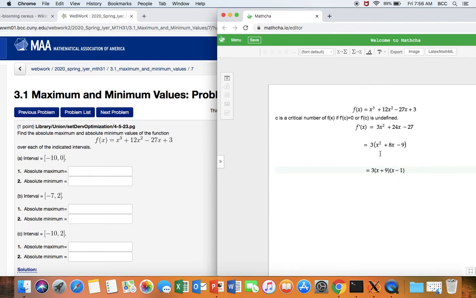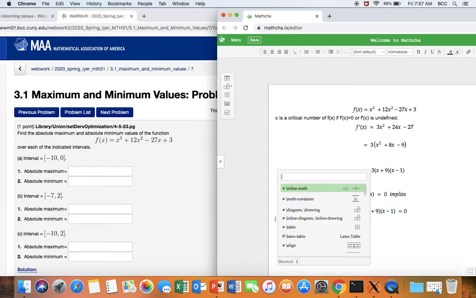Okay, so we want to see where the derivative is 0. So f prime of x equals 0 implies 3 times (x plus 9) times (x minus 1) equals 0, because that is what f prime is.